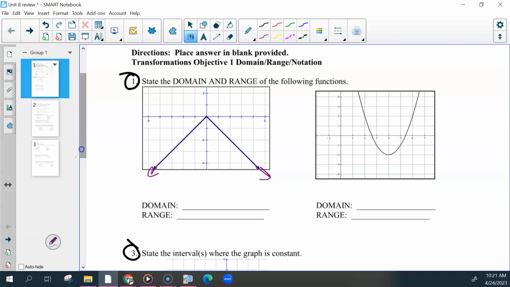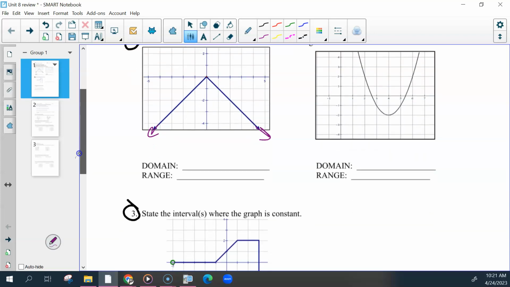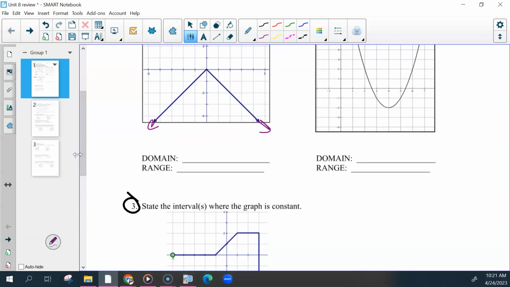Where would it start? Negative infinity, because it's going to keep going off. Where would that end? There. Also infinity. Remember that infinities, negative and positive, you use parentheses.